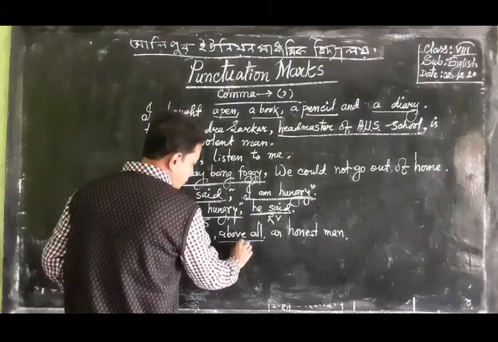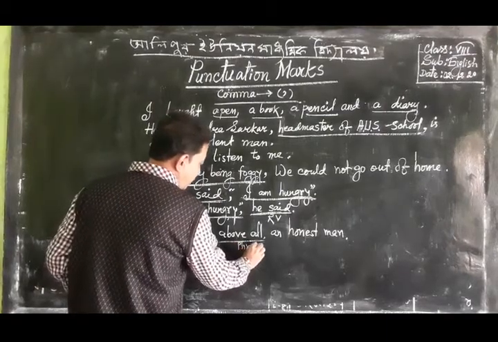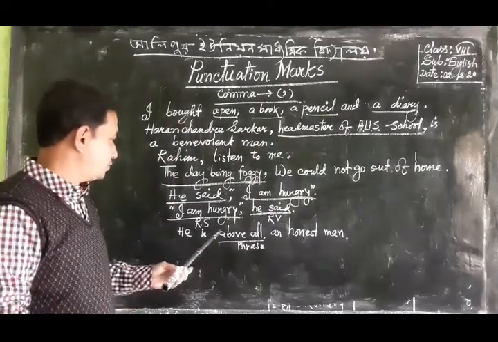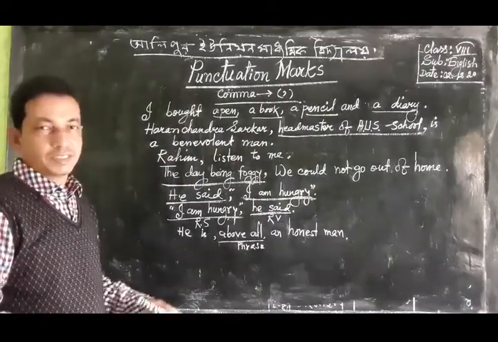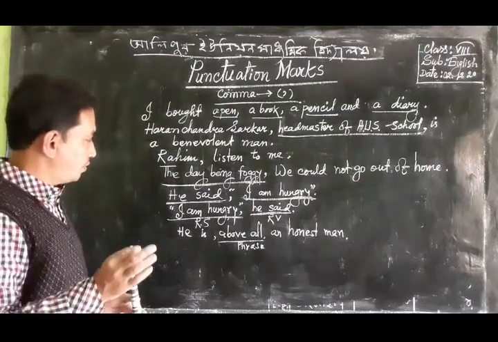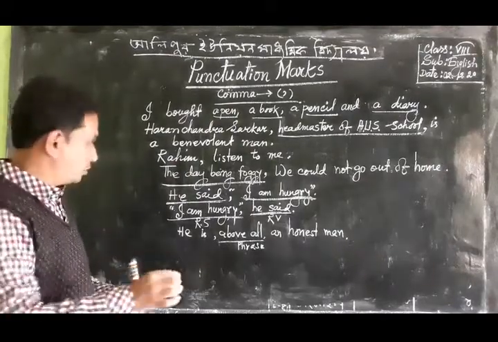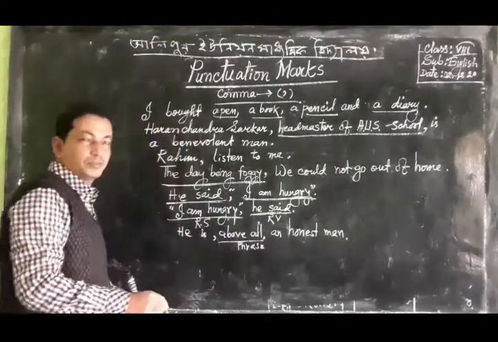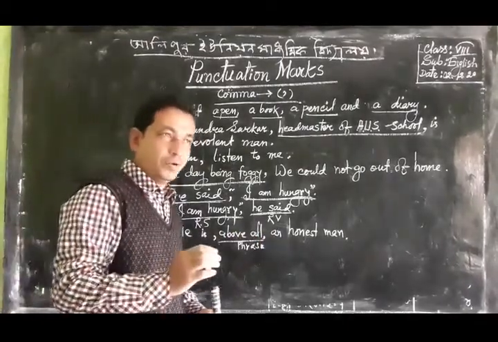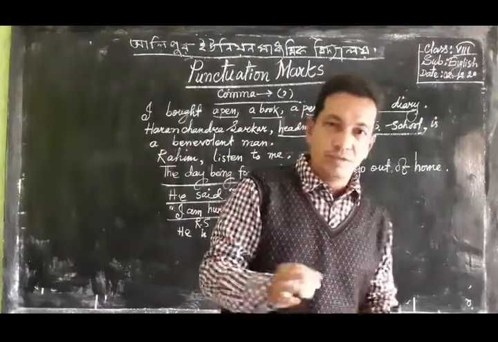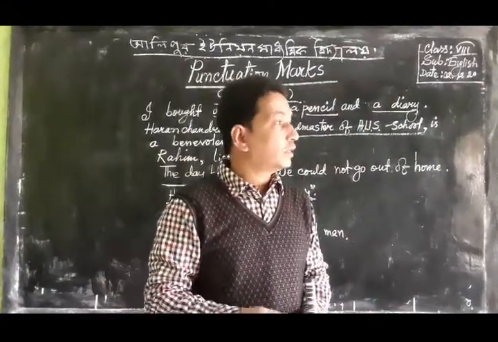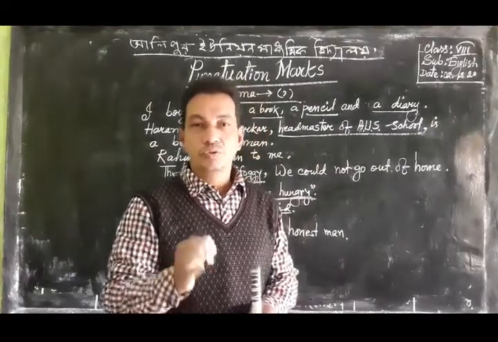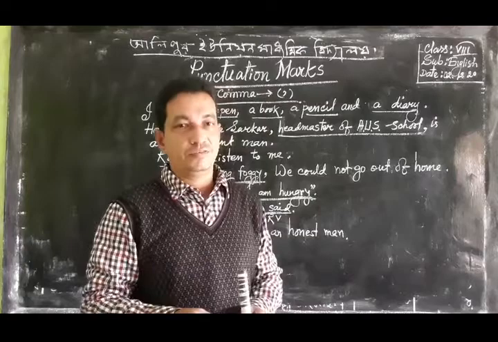Capable is used in the middle of the sentence after the verb, so you should use a comma before and after this phrase. So we must keep in mind that when any adverbial phrase or phrase is used in the middle of the sentence, we must use a comma before and after the phrase.